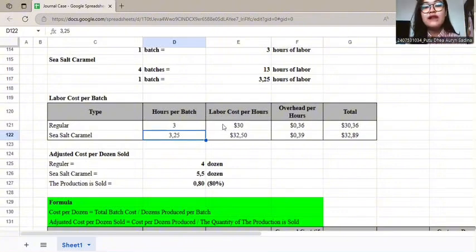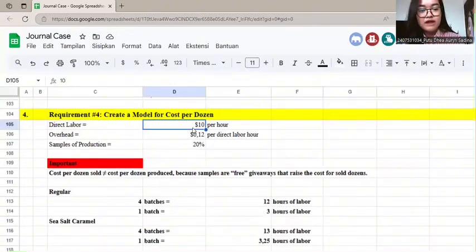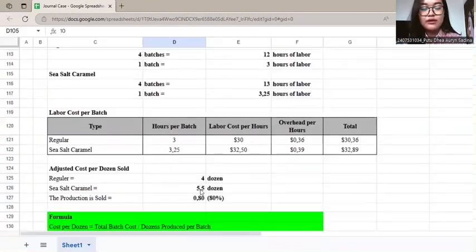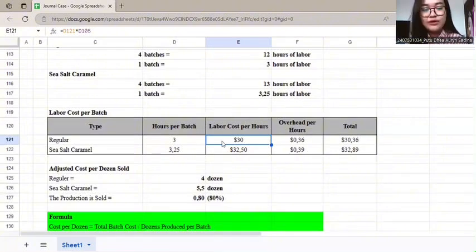We multiply the hours per batch by the $10 direct labor rate, so we get the labor cost for the regular and for the sea salt caramel.